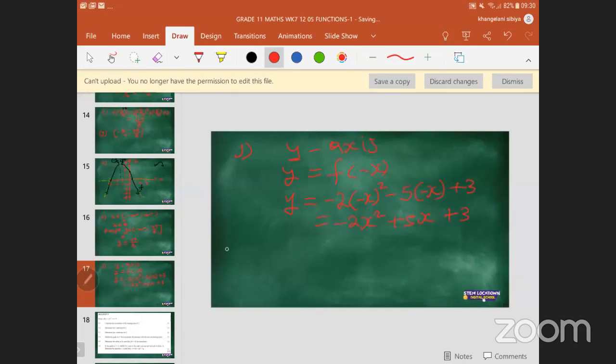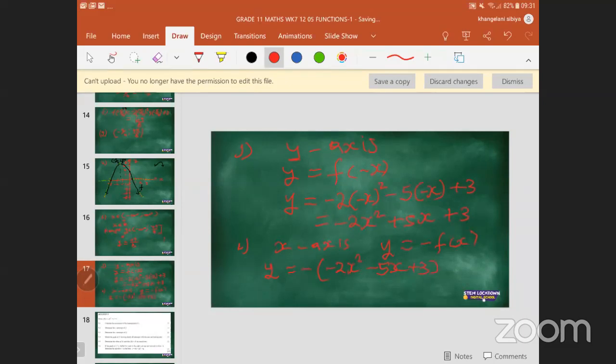The last question. Now they are saying it's a reflection about the what? About the x-axis. Okay, so about the x-axis, what is affected? It's y. So this will be y equal to minus, into, you put your f of x, which is minus 2x squared minus 5x plus 3.